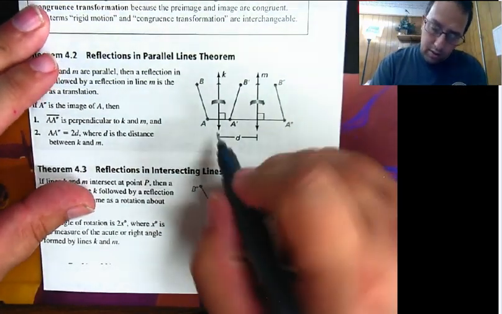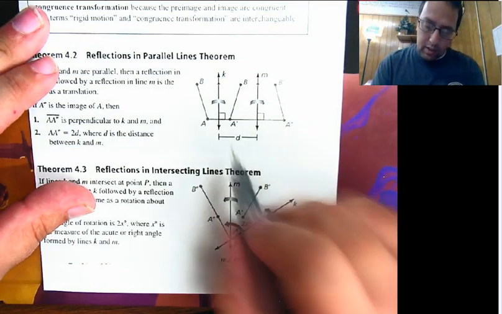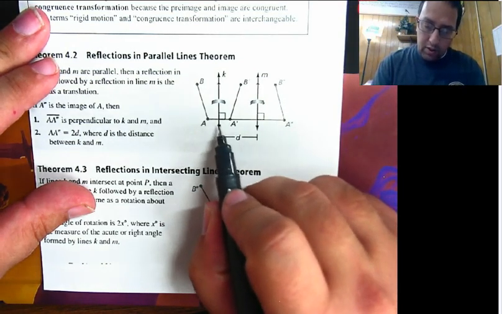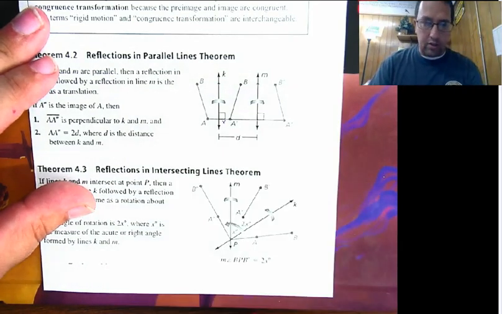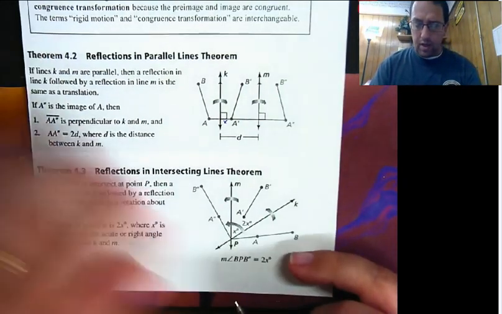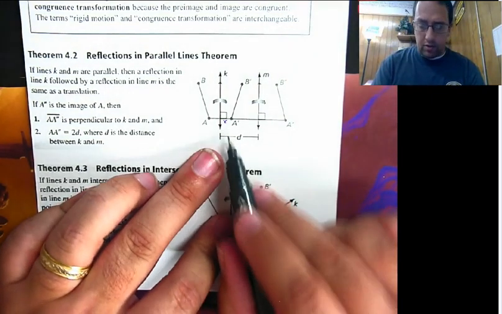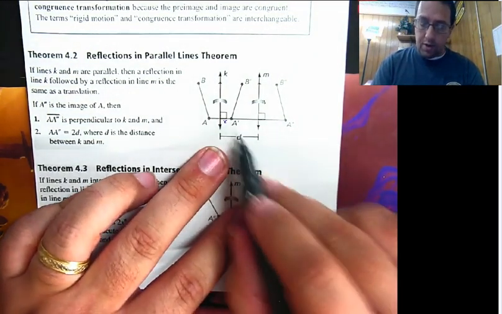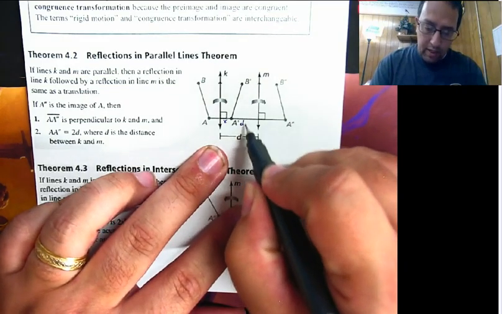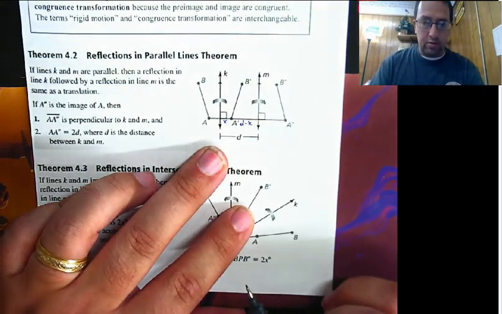Let's show you that. So we don't know what this distance is. That's fine. We don't need to. We'll say the distance from K to A prime is x units. All right. And if this is x units and the entire distance is d units, then from A prime to M would be d minus x, right?